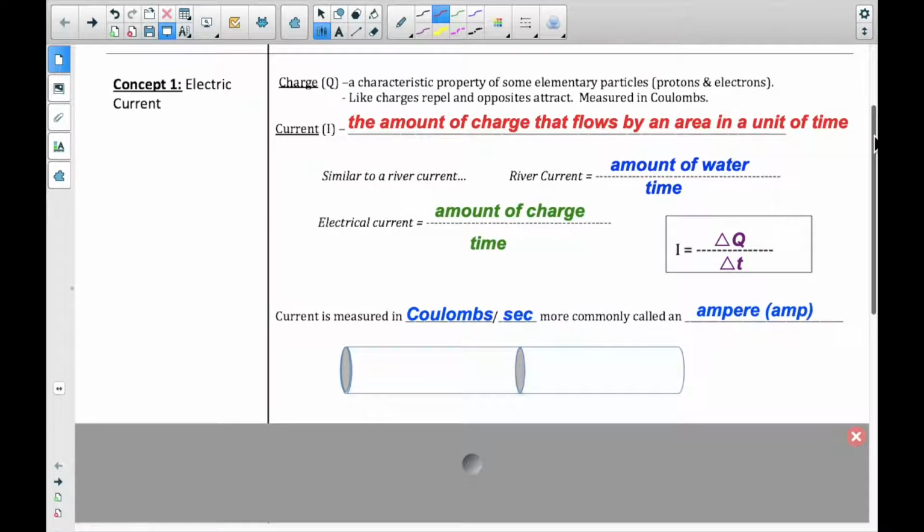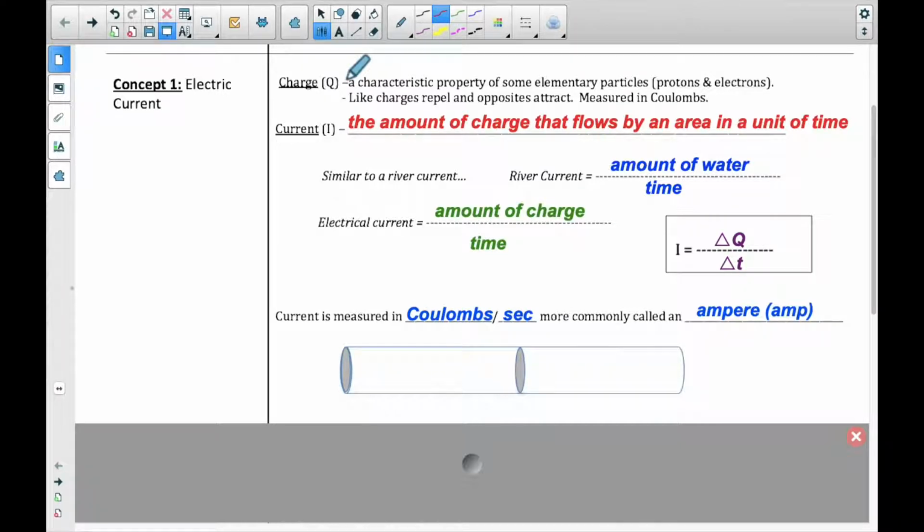And so some basic terms here. A charge, we use the letter Q to denote charge. Do you remember when we were in the static electricity unit that we used the same thing? We use Q to denote charge. Same thing here, same letter. It's a characteristic property of some elementary particles, that is protons and electrons.